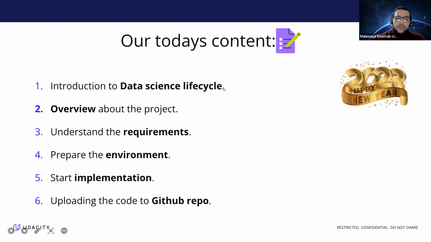Okay, so this is going to be the content of today's session. First of all, we are going to have an introduction to the data science life cycle. Second, we will be having an overview of the project we are going to solve right now. After that, we will understand the requirements of this project, prepare the environment, start implementation and coding, and last but not least, we are going to publish or upload that to a GitHub repo.